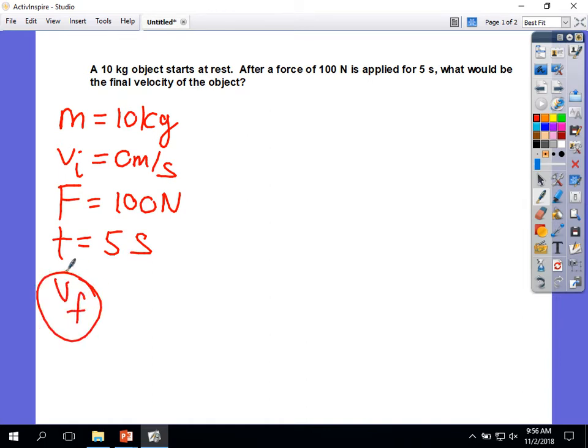It's asking what would be the final velocity. Since I'm looking for velocity, I have to use a kinematic equation eventually to help me solve the problem. Let me set it up from kinematic variables versus force variables. My kinematic variables would be VI equals 0 meters per second, my time is 5 seconds, and I'm solving for final velocity.